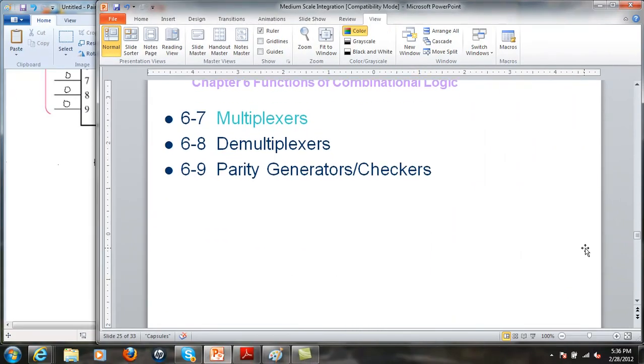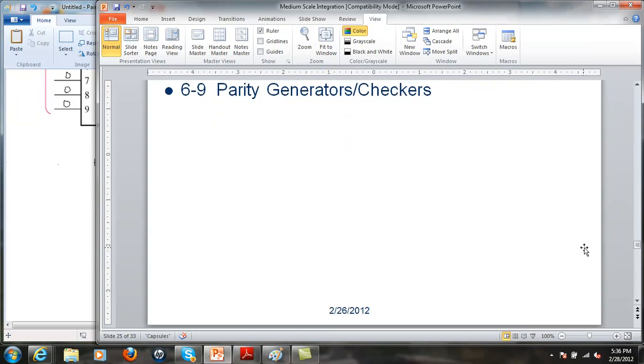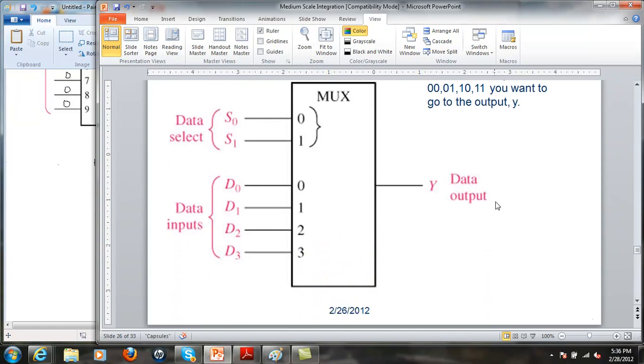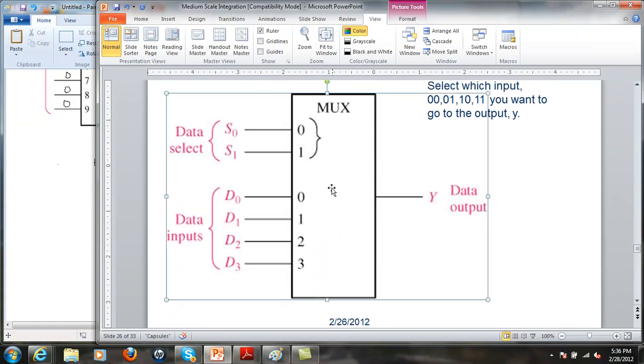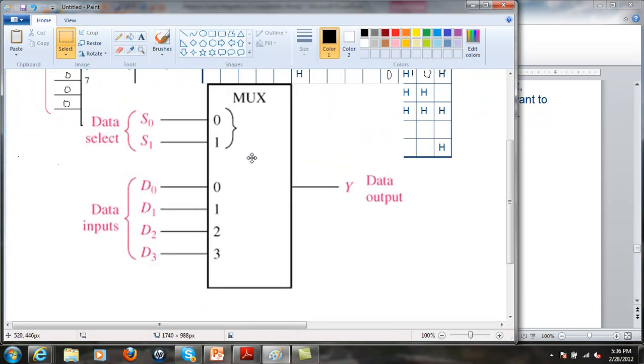Okay, so one of the last things we'll talk about are multiplexers. These are cool devices. They will have select pins, and the select pins will determine which of the inputs go to the output.